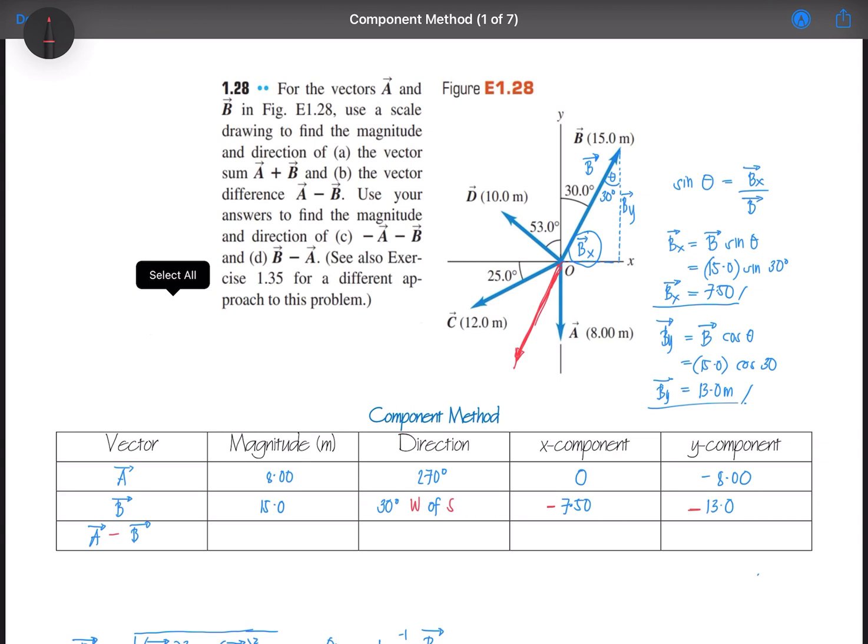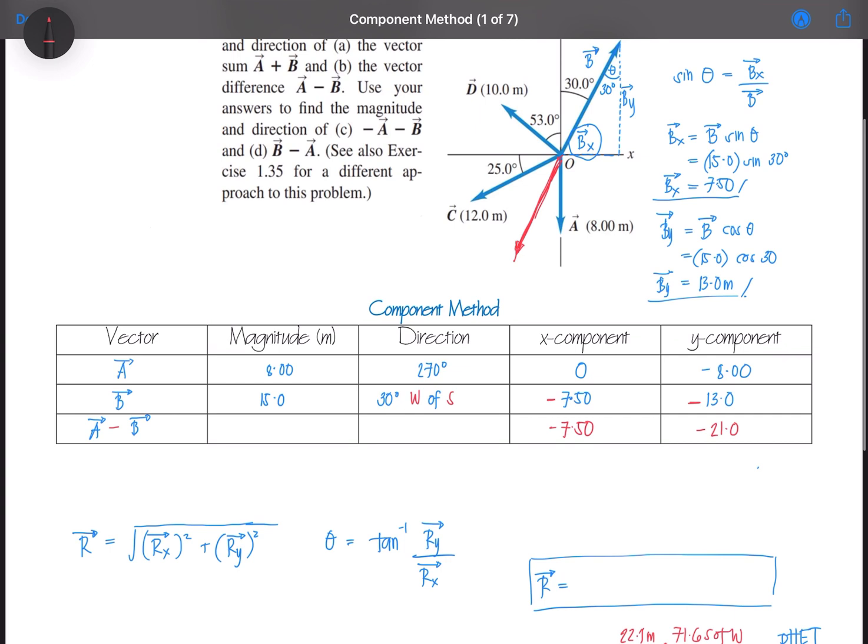So 0 minus 7.50 will give us negative 7.50. And then negative 8 minus 13 will give us negative 21.0.